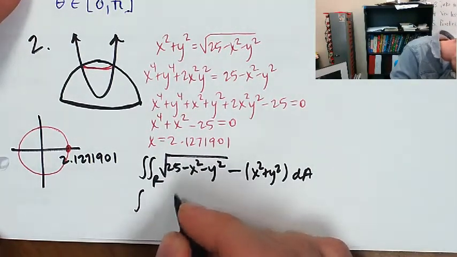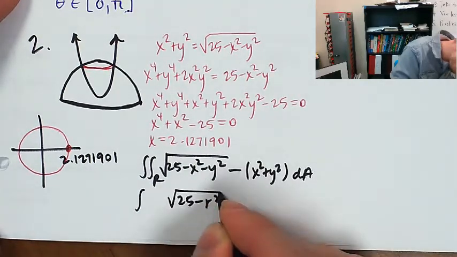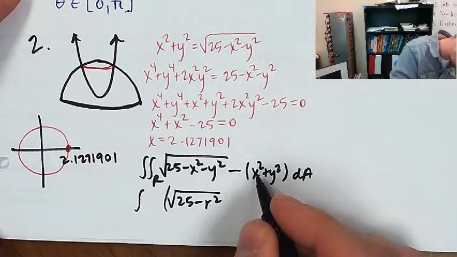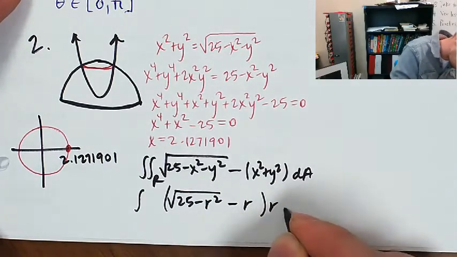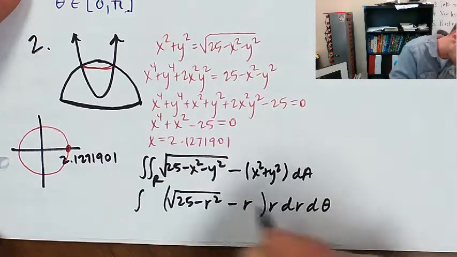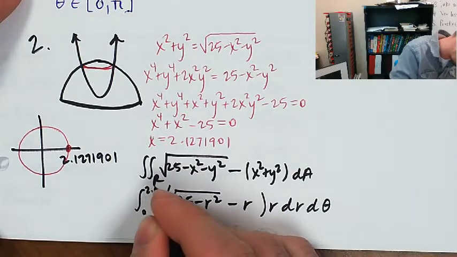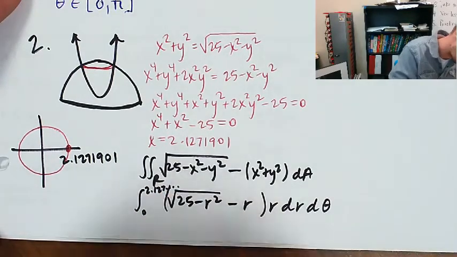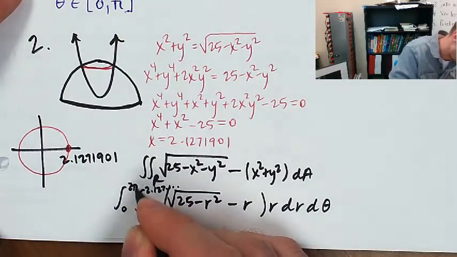And so this is going to be the square root of 25 minus r squared, minus r, multiplied by r dr d theta. We're going to let r run from 0 to 2.127, the rest of the number, and then theta going from 0 to 2 pi.